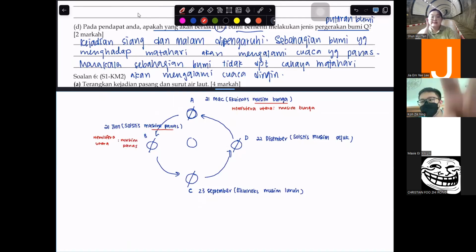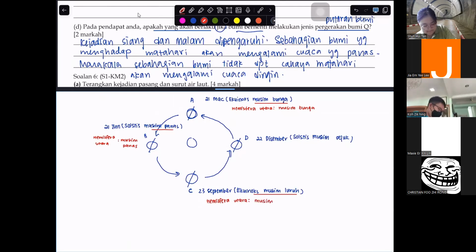Part C, they say equinox musim luruh, so it means my north hemisphere is musim luruh. On 22nd of December, we call it solstice musim sejuk, which means north hemisphere is musim sejuk.